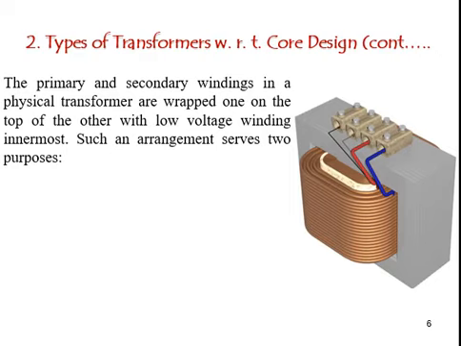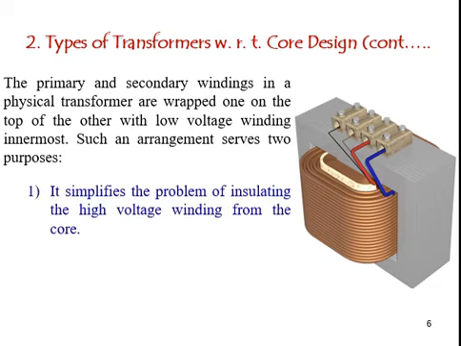A physical transformer contains the primary and secondary windings wrapping on one another with the low voltage winding innermost. Such an arrangement serves two purposes.